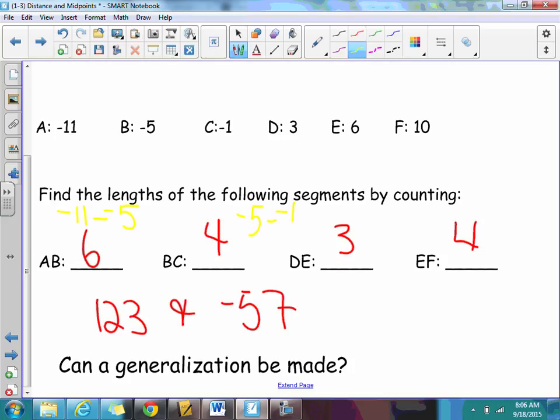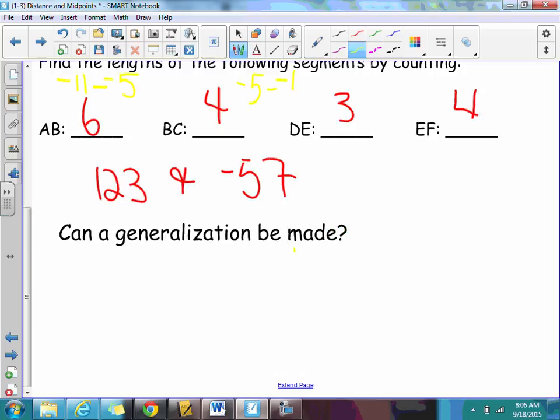How do we get rid of negative signs besides multiplying by negative 1? What's that other thing we can use? Give you a hint, it begins with an A. Absolute value. There you go, absolute value. So what we can do is subtract them and then take the absolute value.